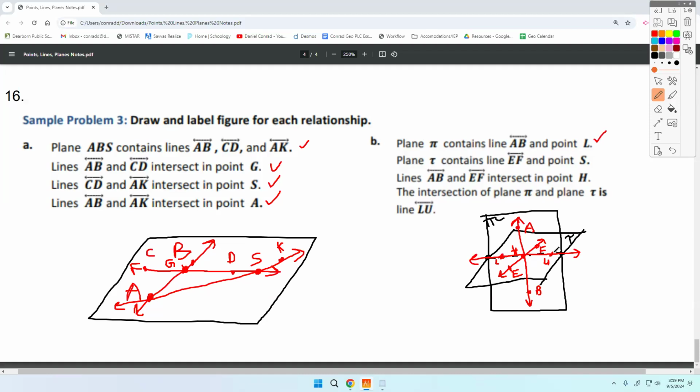Plane tau contains the line EF and point H. And H is right there in the middle. It's in both planes. So that one's good. Oh, I'm sorry, and point S. So I also need to put an S in here. Here, we'll put S right here. Now that one's good. Line AB and EF intersect at point H. The intersection of plane pi and plane tau is line LU. That one's good as well. So there's our diagram. It looks like it's good.